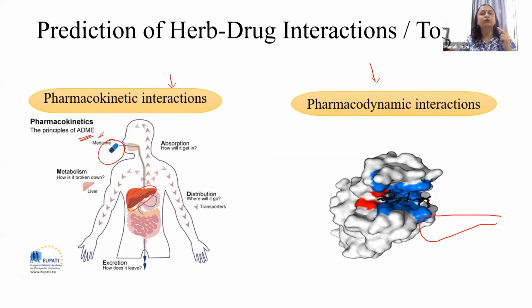If I give two concomitant small molecules, whether two drugs, two phytoconstituents, or one phytoconstituent and one drug, how can they interact with each other? One of the ways is, for instance, interfering with each other's metabolism.